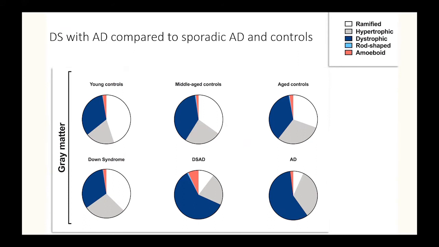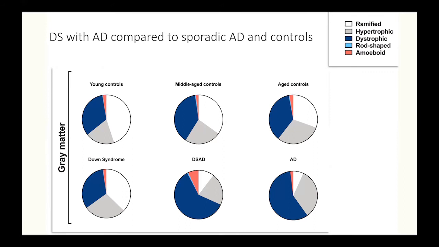I'm sorry, dystrophic is the dying ones. We see more dying microglia with age. We also see the hypertrophic, which are the ones responding to injury, in the gray pie slice here, increasing with age. And the number of ramified, or quote resting surveillant, microglia in the white decreases with age. So that's what you might expect for normal aging.